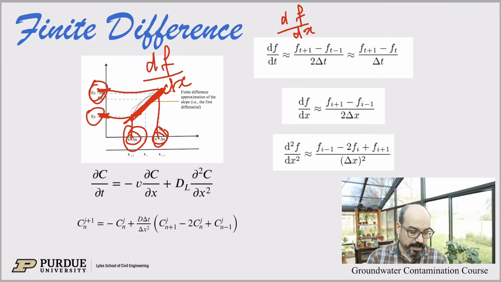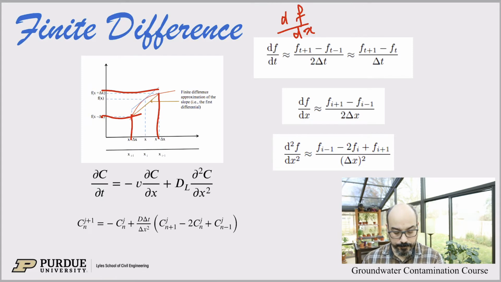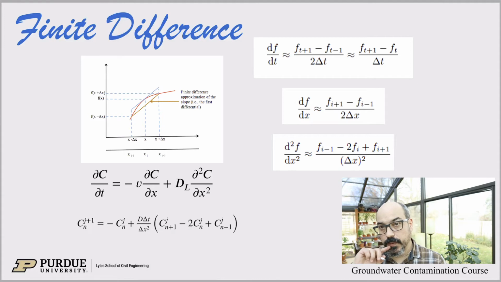So these are the values that we can use. So we can represent differential operators, so differential equations, in the form of difference equations as opposed to differentials, just the difference of numbers.